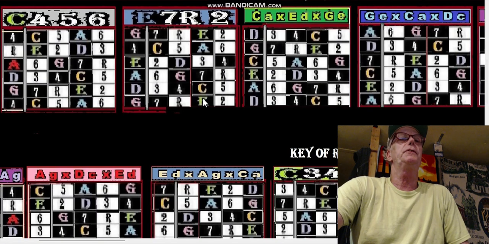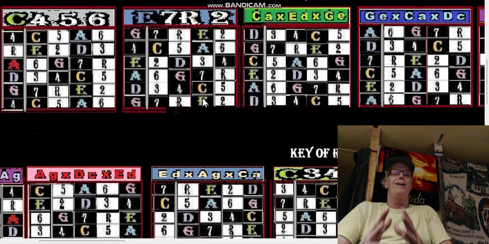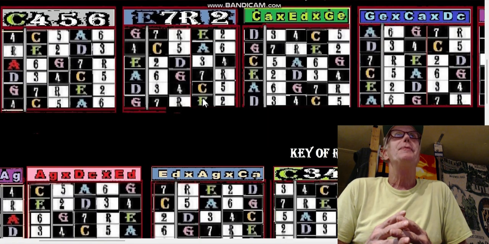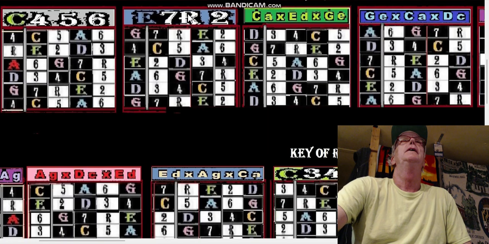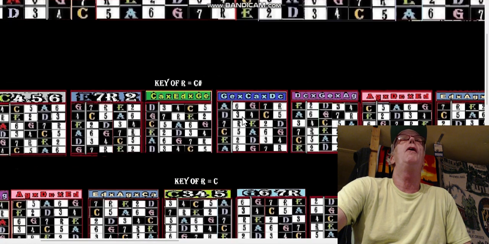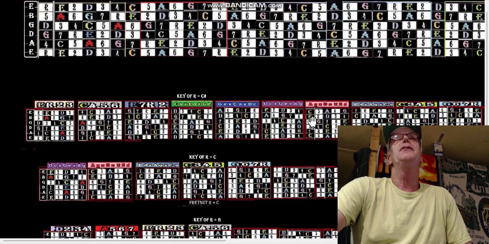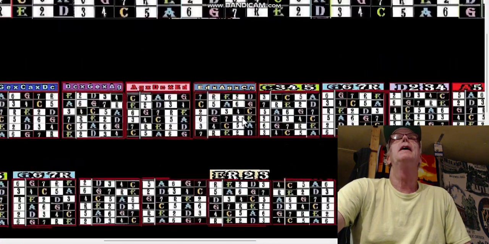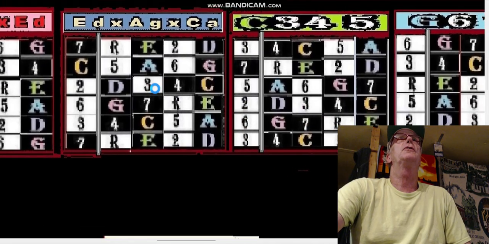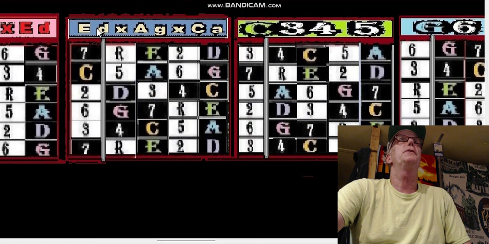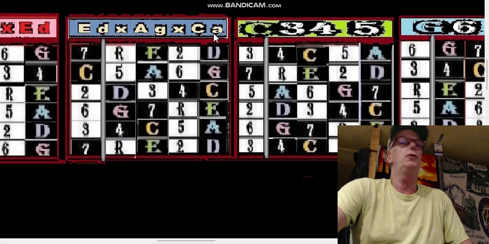That's the Locrian long. So what is the difference between this one, the Locrian long, and this one? There's not a whole lot of difference. This is the Locrian short, which is the tripentatonic Locrian.